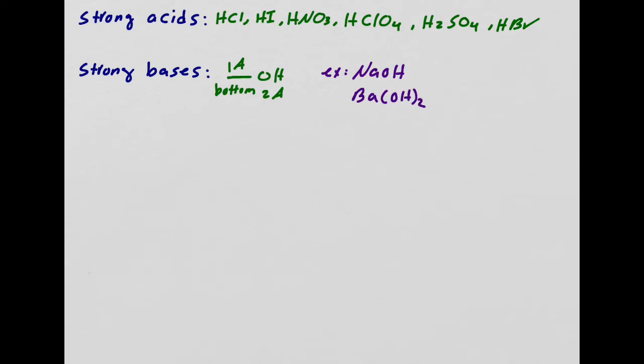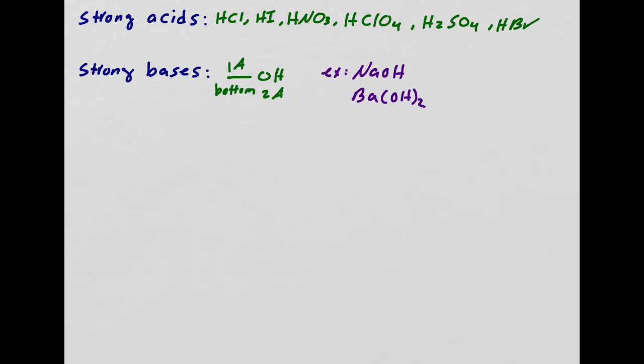That's a strong base because barium is at the bottom of group 2A. So if you have OH next to metals from group 1A or bottom of 2A, which is SrBaRa, then you end up having a strong base. Everything else would be considered a weak base.